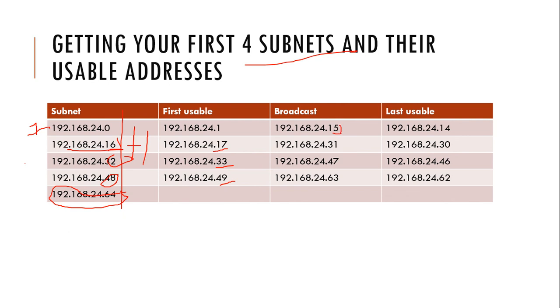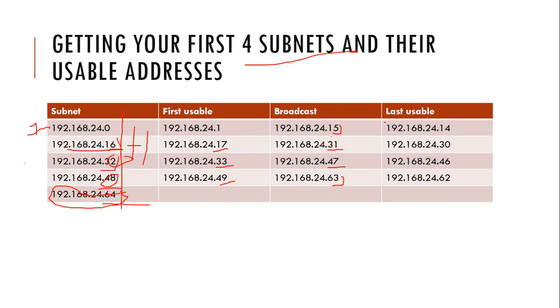Then it becomes a 15. It was a 16. Took the next network, subtracted a 1. It was a 32. It becomes a 31. It was a 48. It becomes a 47. It was a 64. It becomes 63.